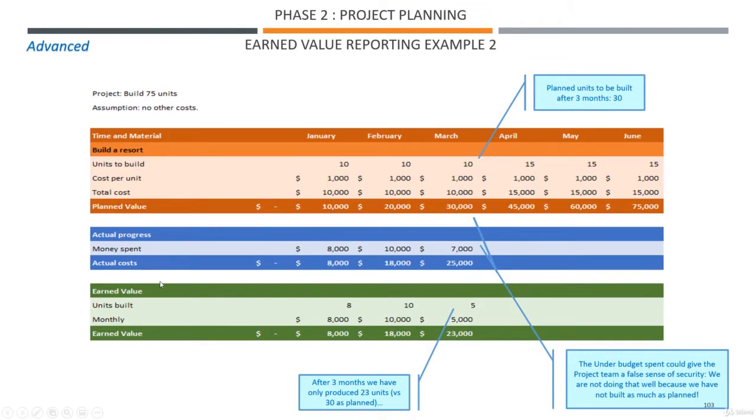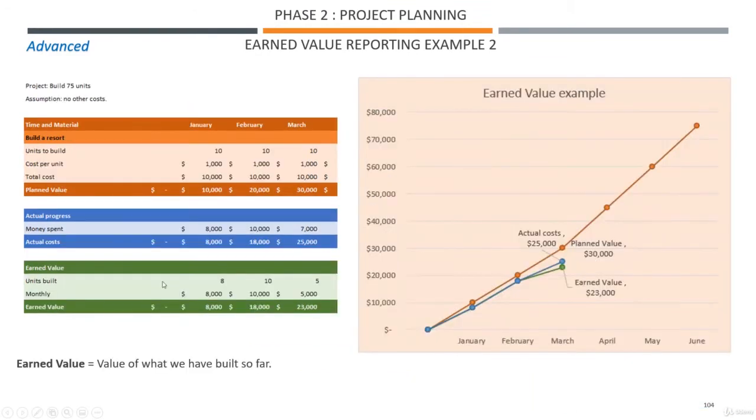So let's have a closer look at what that would look like on a chart. This is how you could represent it, bearing in mind you're still in the advanced section here. So we are in March here, same example, that we have spent only 25,000 when the planned value was 30,000, but we've only created this.